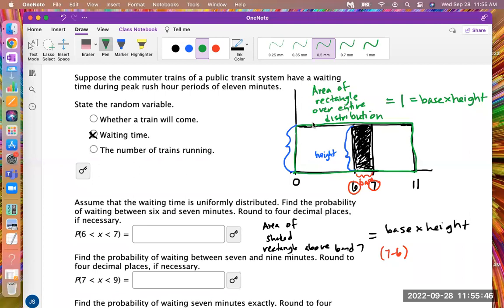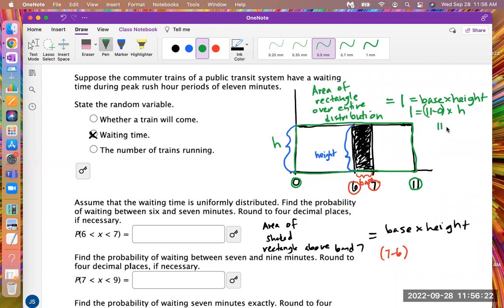The base of this large green rectangle that spans over the entire uniform distribution is 11. We subtract the endpoints, just like we did for the smaller shaded rectangle, 11 minus 0. And the height, we know nothing about, so we call it h. But because the probability over the entire interval has to equal 1, the base times height has to equal 1.